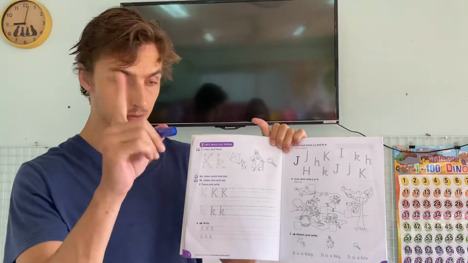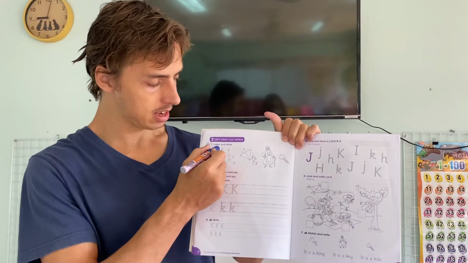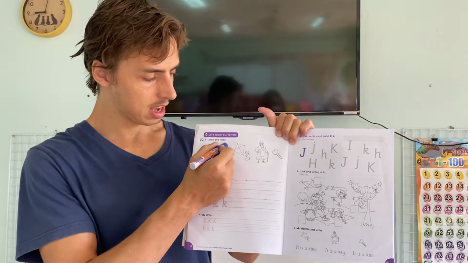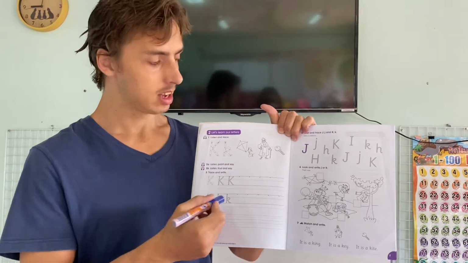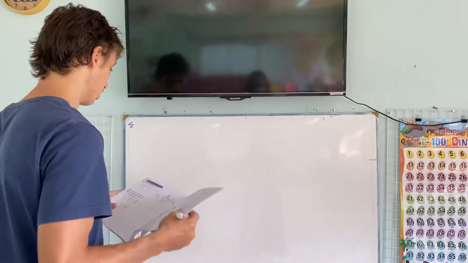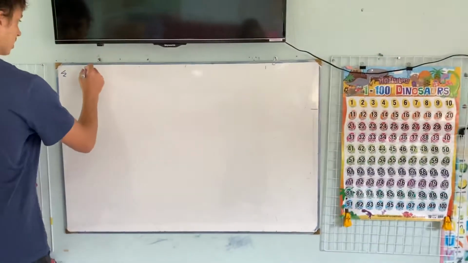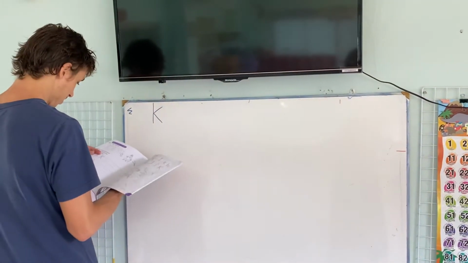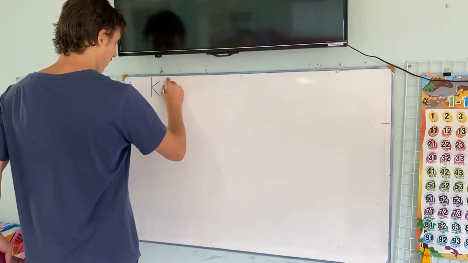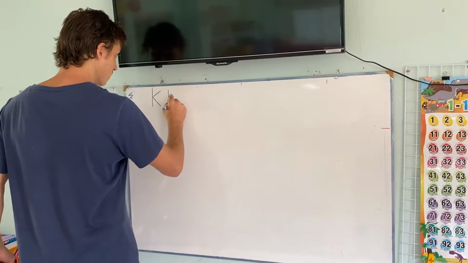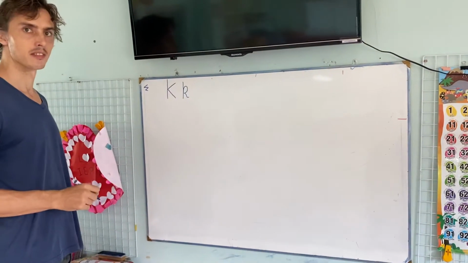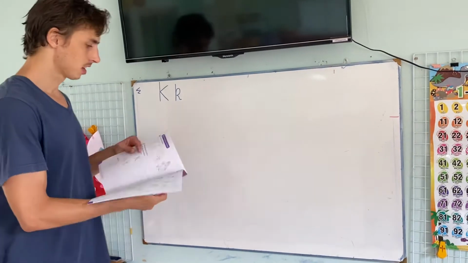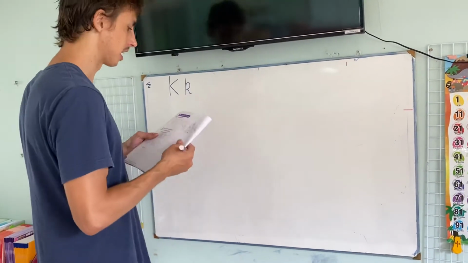So first we have to write here K, okay? And then we will write down what the rest is. So first we write nicely, like that, K. And what do we have here? What starts with K?